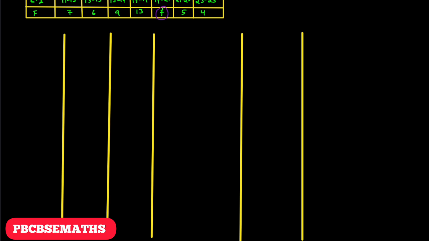So let's write all these one by one. First one is class interval, thereafter class mark, that is xi, then frequency f, thereafter ui, that is xi, the class mark, minus the assumed mean divided by h, the class size. At last we will write fi ui.